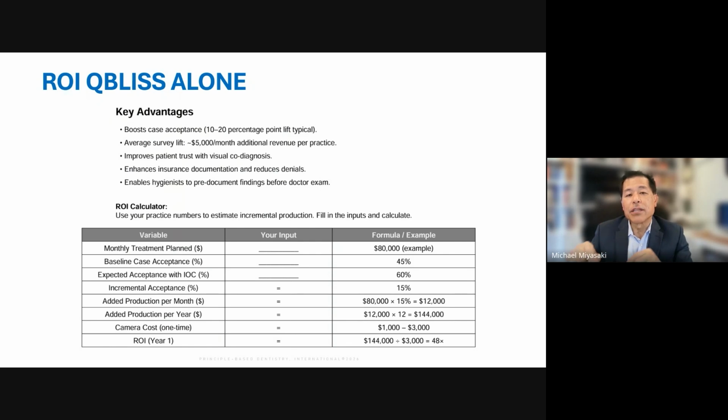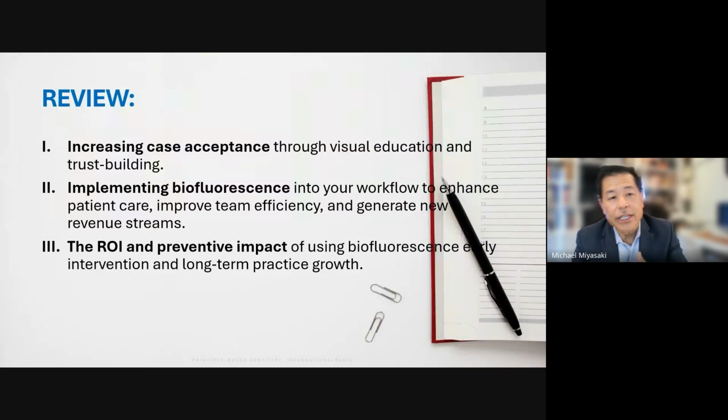So multiply that by the 12 months. In a year, you would increase your production by $144,000. Now, if you invest in these cameras, which could be $1,000 to $3,000, let's say $3,000, that's a 48x return. So it is really good.